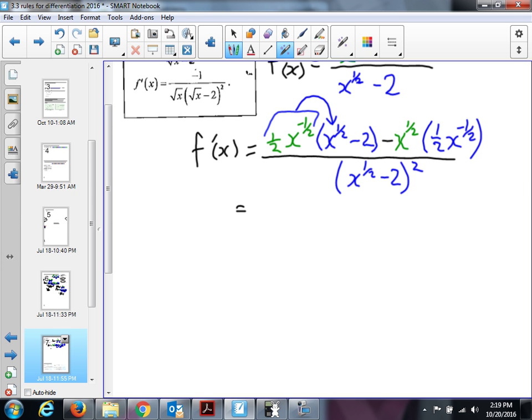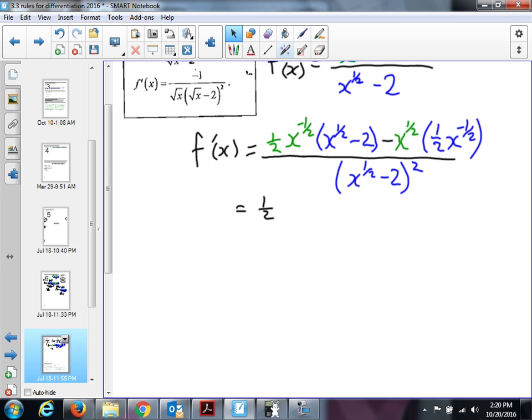Well, the number is definitely going to be 1/2. X to the negative 1/2 times x to the positive 1/2, remember, you add your exponents. Negative 1/2 plus positive 1/2 is x to the 0. It's 1. So that's it. 1/2 times 1, we're done this. So then we move it along.